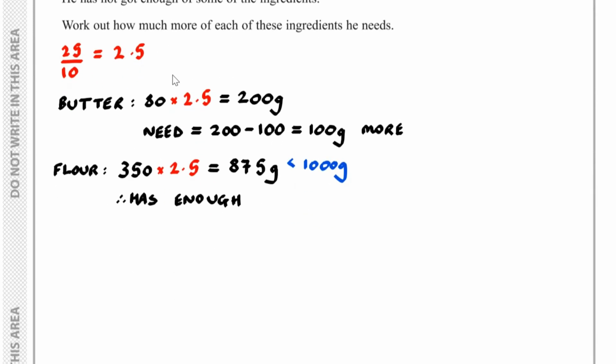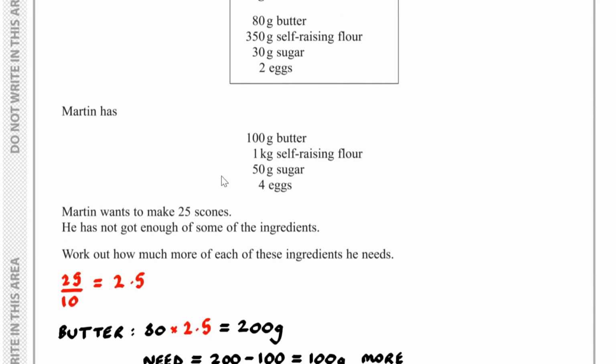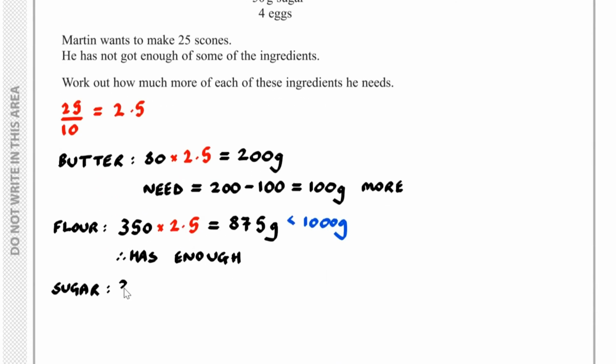If we now take a look at the sugar, well, the amount we've got so far is 30. And if I multiply this by 2.5, then we get 75 grams. So that's how much sugar we need.